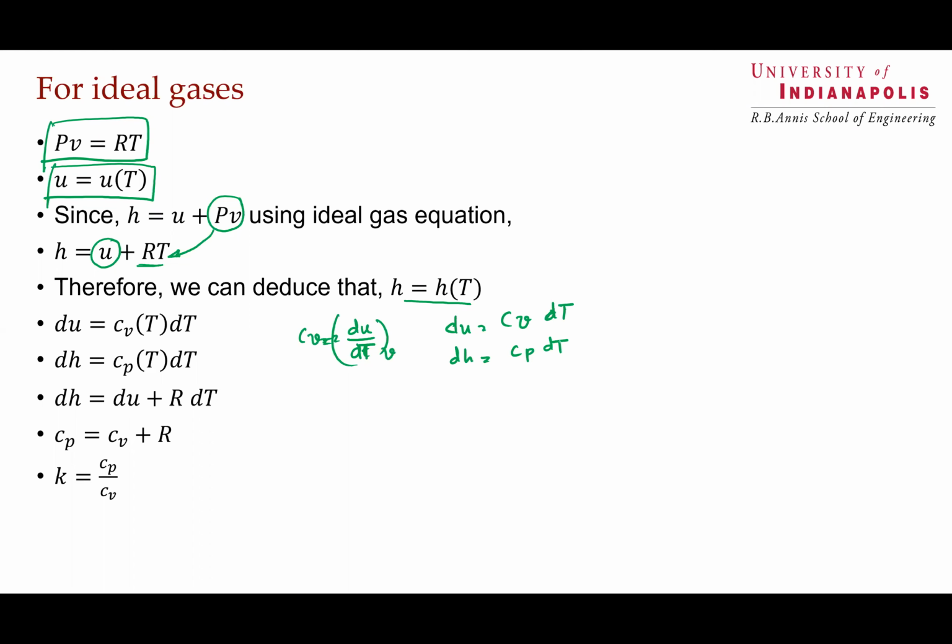And from the equation of enthalpy, we can say that dH is dU plus R dT. And also there's another quantity called specific heat ratio, which is k, that is Cp over Cv. Okay, these are the quantities that we need to know for boundary work and ideal gas.